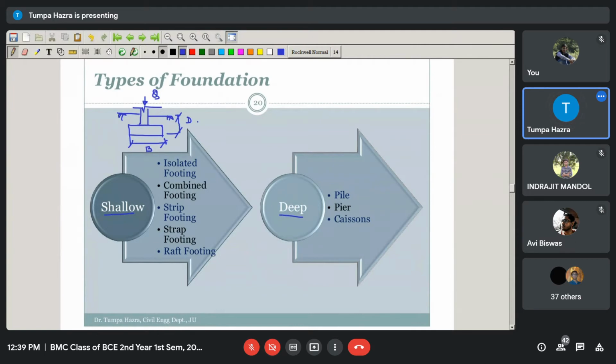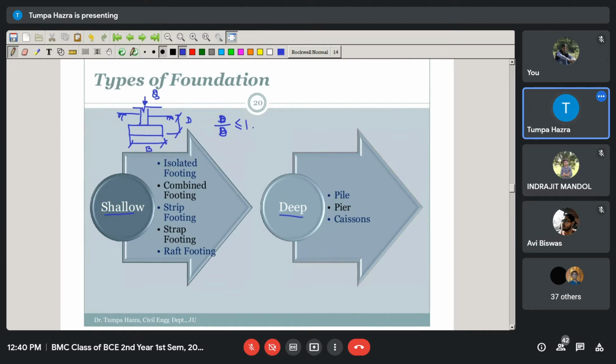Now whenever the d by b ratio, the depth of the foundation by the width of the foundation, is less than or equal to 1, then according to Terzaghi, that foundation is known as shallow foundation.